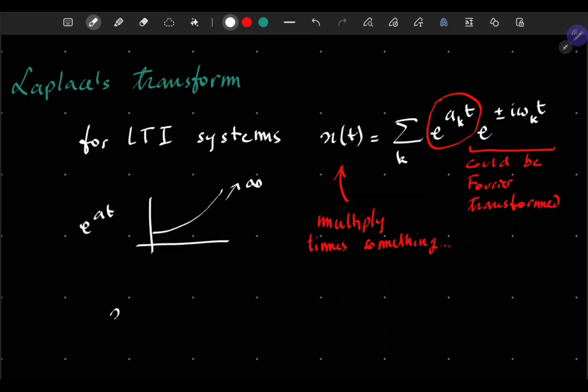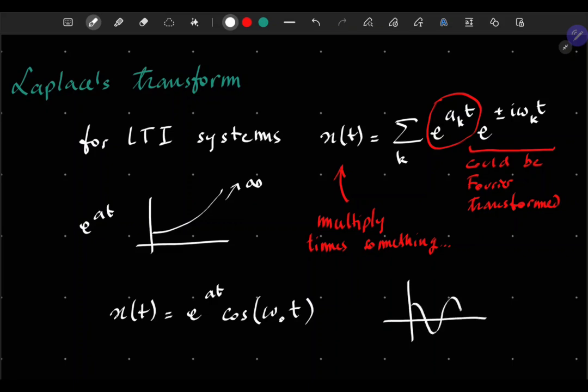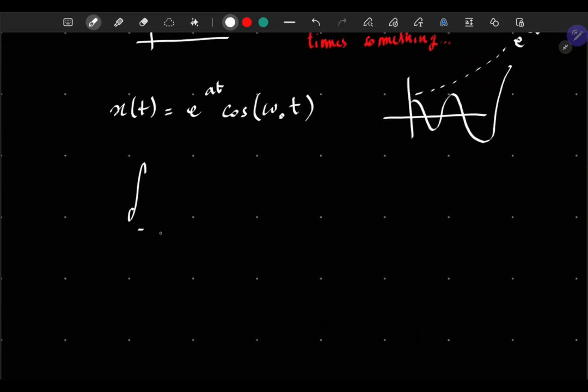As an example, let us assume that x is just given by an exponential e to the at times the cosine of some frequency omega naught times t. And if a, for example, is a positive variable, then we'll have a growing exponential. Now, let's say we wanted to Fourier transform this signal. Let us consider the integral from minus infinity to plus infinity of e to the minus sigma t times x of t, and then we take the Fourier transform of this.